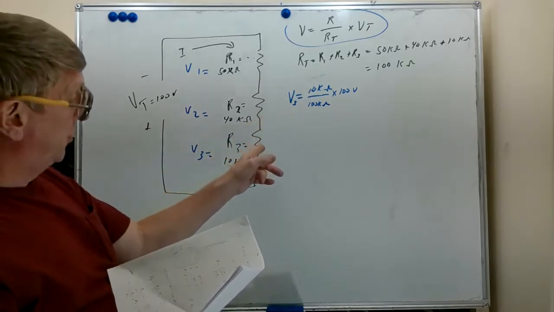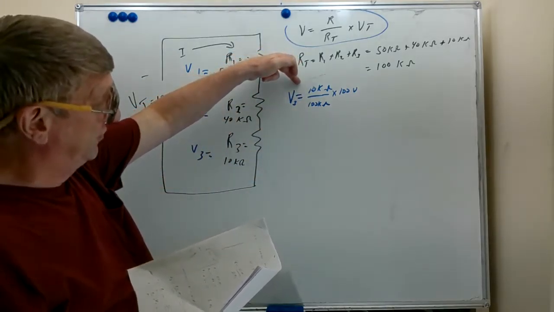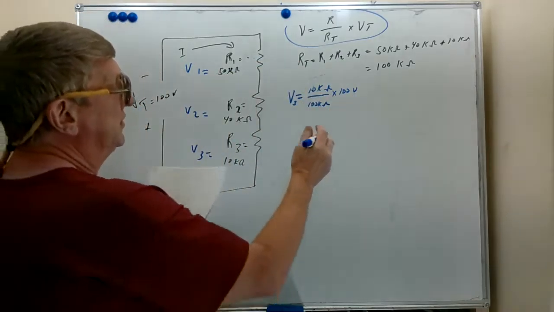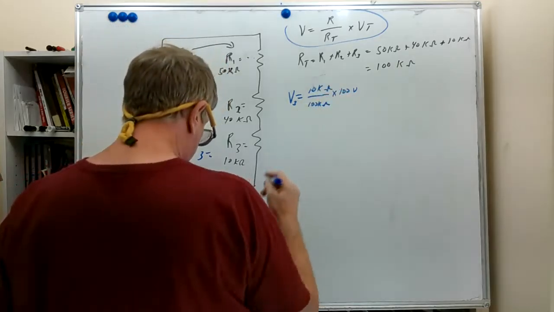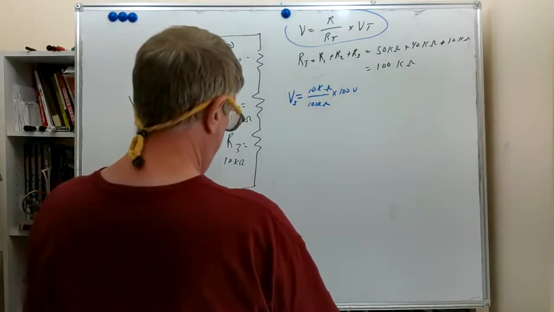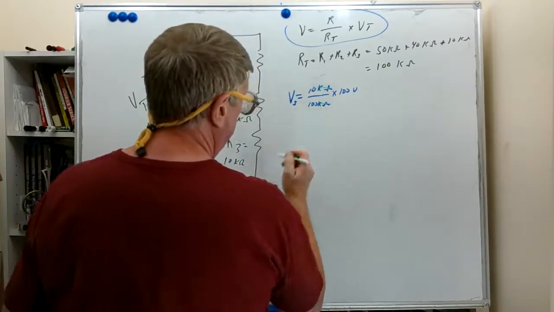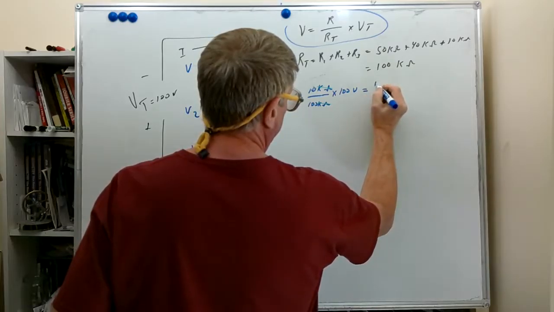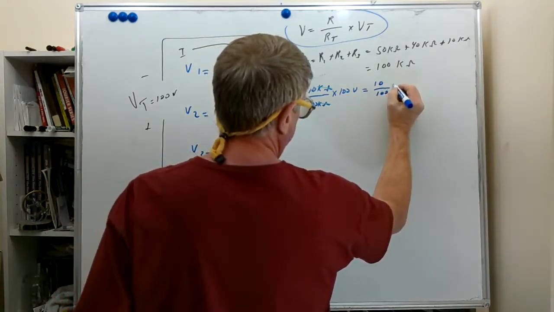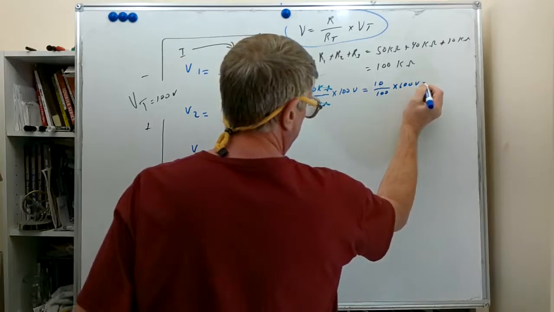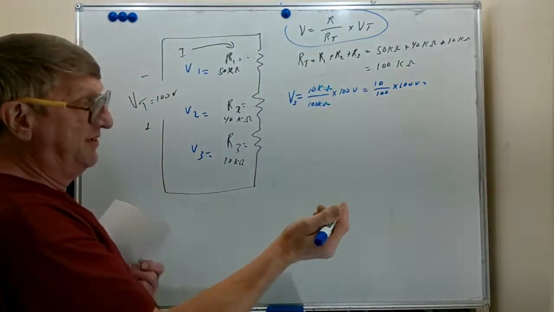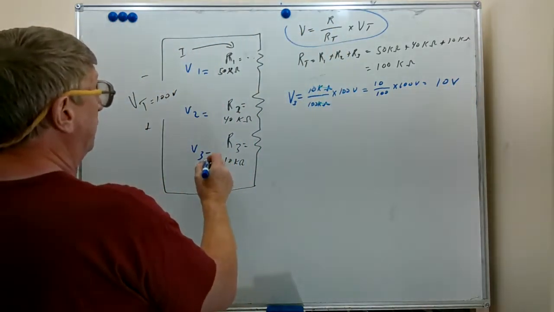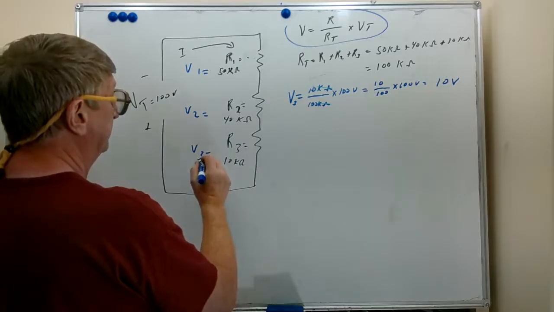So the voltage across 3 is the resistance of R3 divided by the total resistance times the applied voltage. The k ohms cancel here, so that leaves us with 10 over 100 times 100 volts. 10 over 100 is 1/10, and 1/10 of 100 volts is 10 volts. So we've got 10 volts for V3.